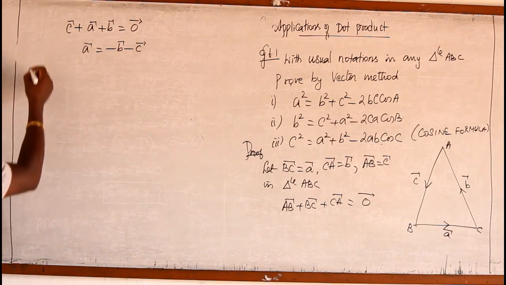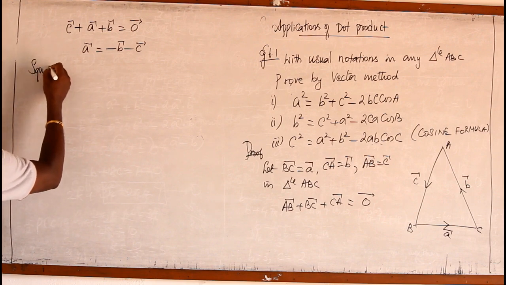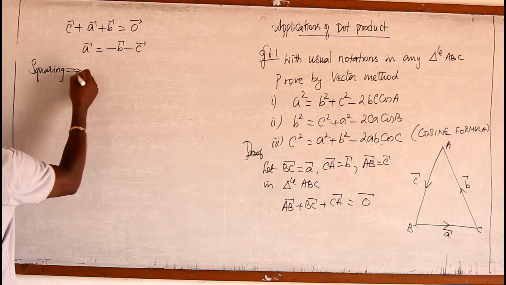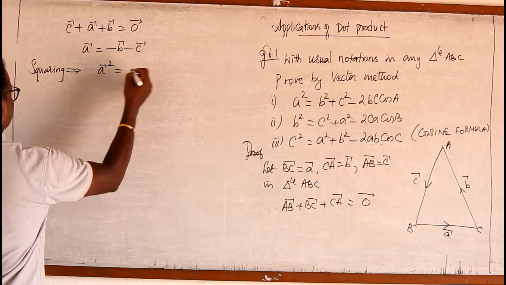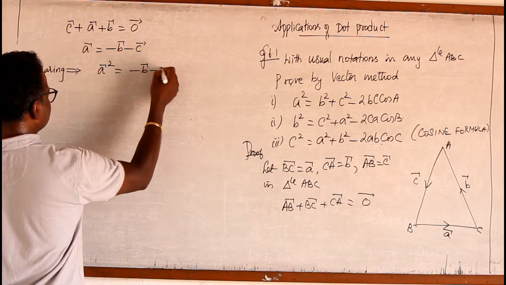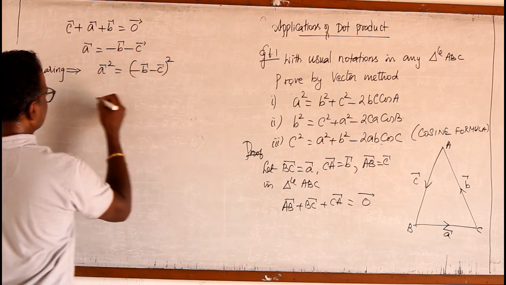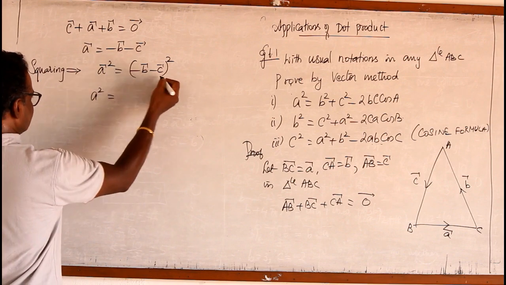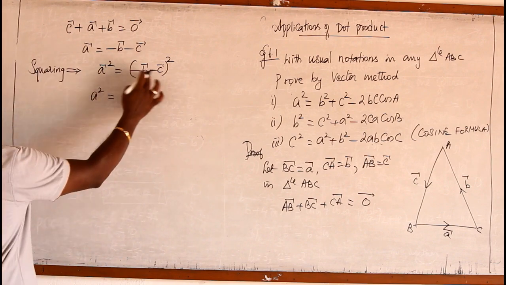Now let me square on both sides. Squaring implies a² equals (−b − c) whole square, which is (b + c) whole square, since both are minus sign.